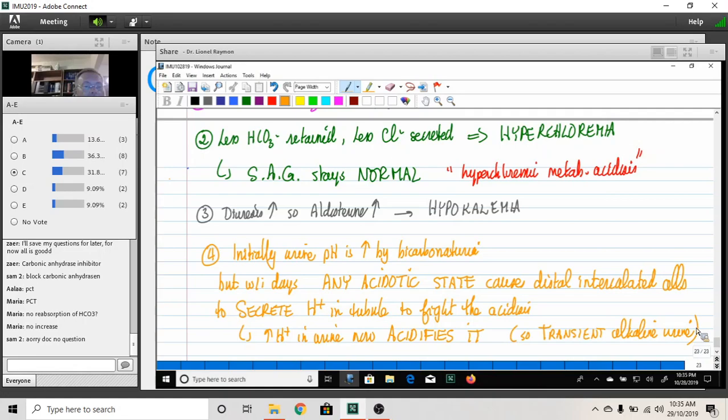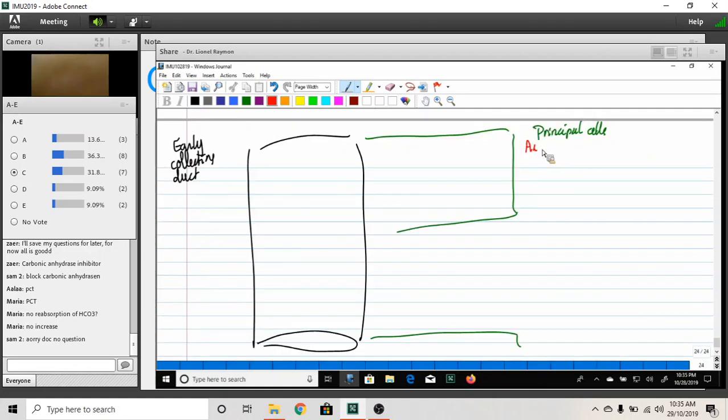Of course, principal cells, that's where aldosterone is going to work. And aldosterone stimulates its receptor and then changes gene expression. And what it changes gene expression of is, first and foremost, it'll increase sodium, potassium, ATPase pump.